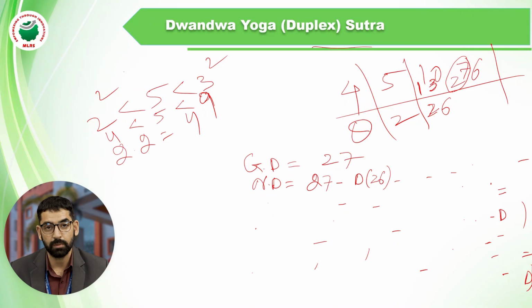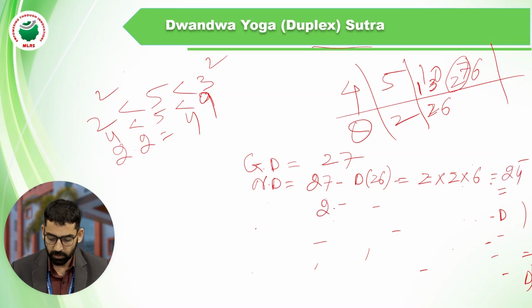So the duplex of a 2-digit number is simply 2 into the first number into the second number, that is 2 into 2 into 4, that is 24. So 27 minus 24 is equal to 3. So the net dividend again is 3.